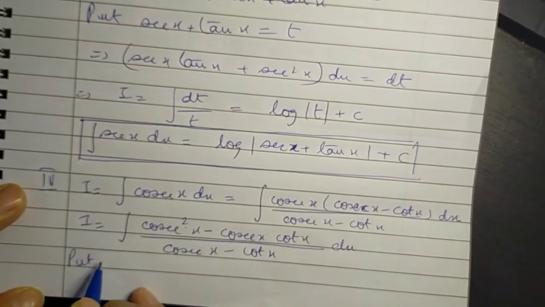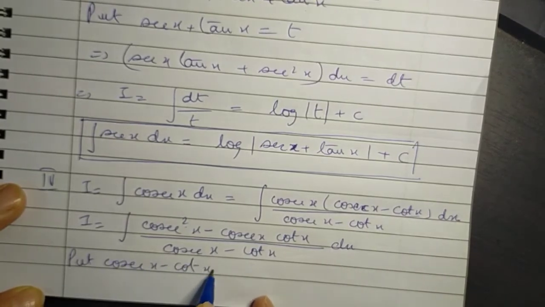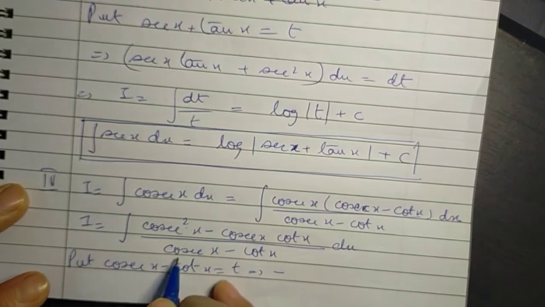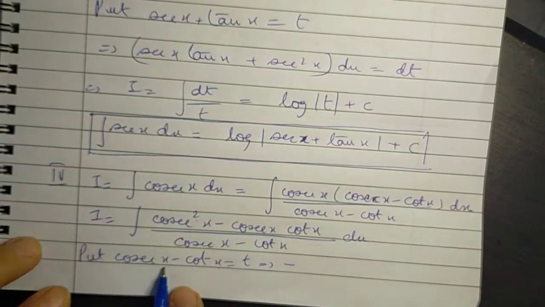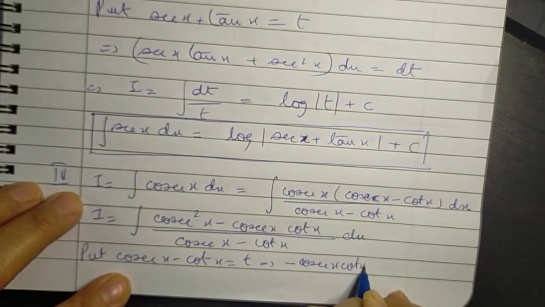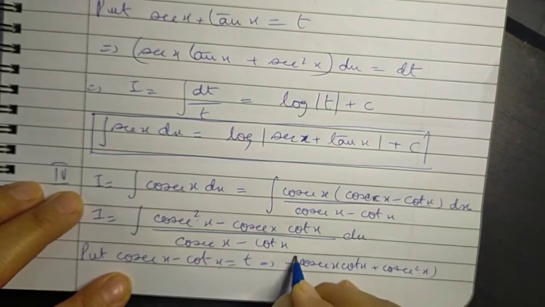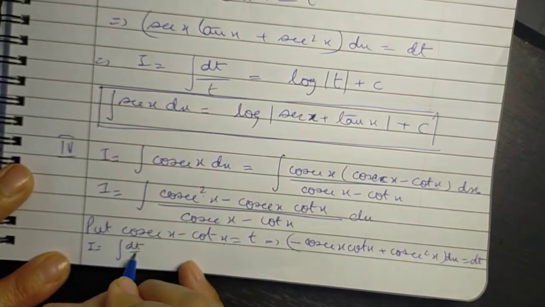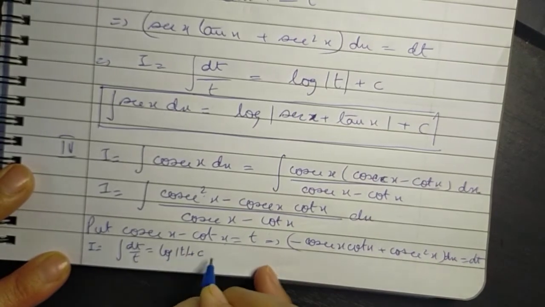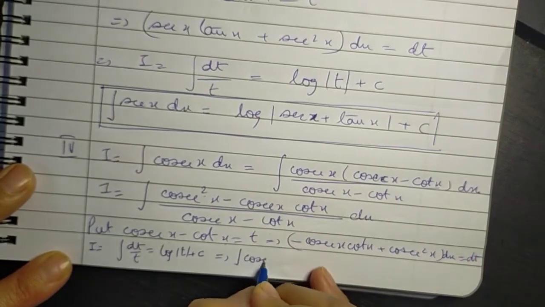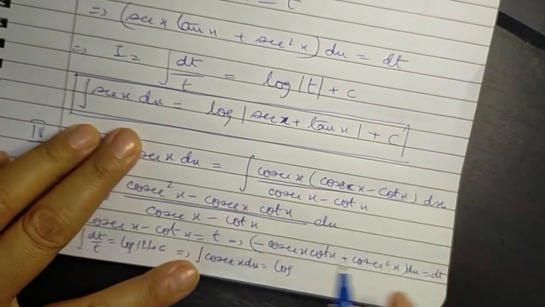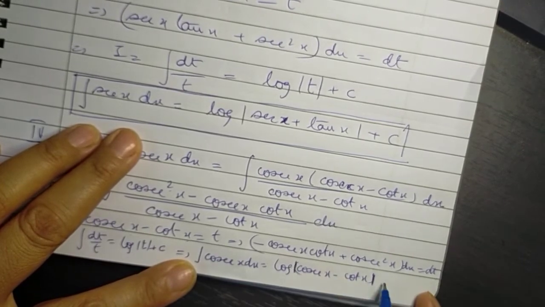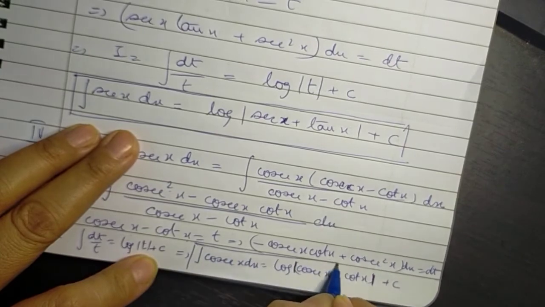So put cosec x minus cot x as t, we will get the derivative as minus cosec x cot x plus cosec squared x whole dx is dt, and so I becomes equal to dt over t, which is log t plus c, and thus we get integral of cosec x dx is log of cosec x minus cot x plus c, and this is the fourth important result.